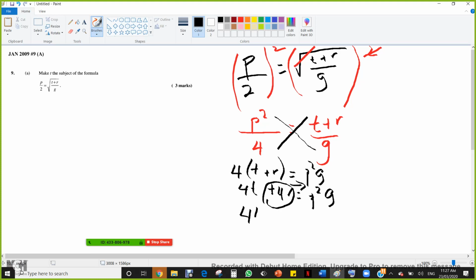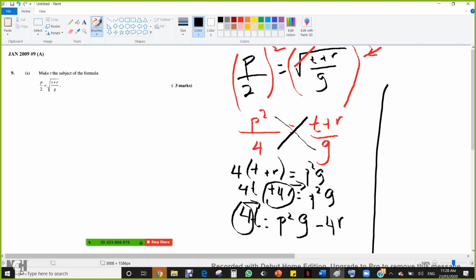So 4t is equal to p squared g minus 4r. And when we take this 4 across to make t the subject of the formula, we will get t is equal to (p squared g minus 4r) all over 4.